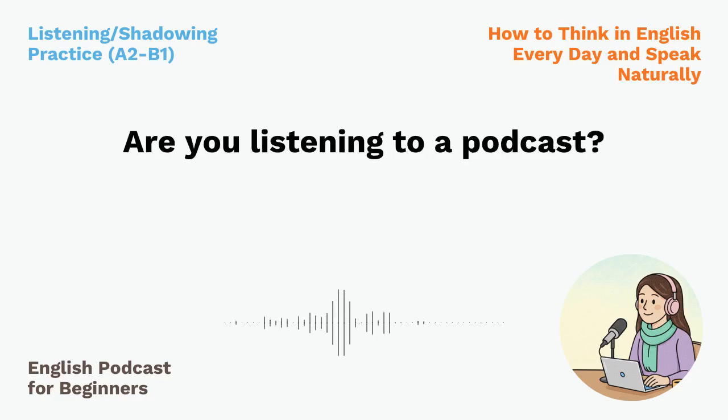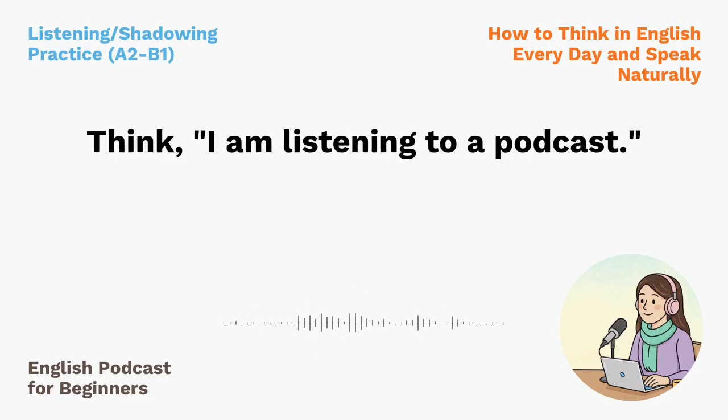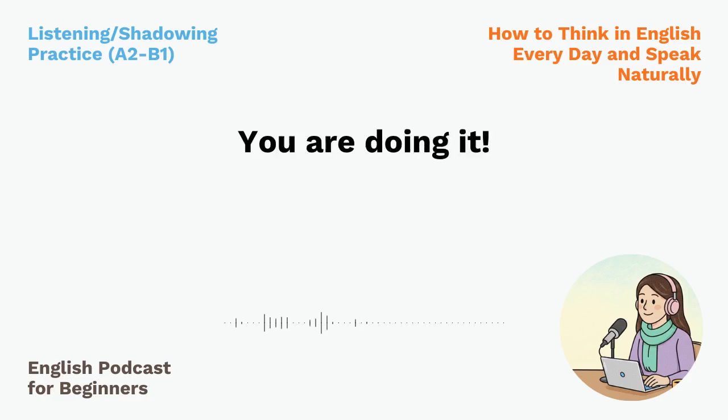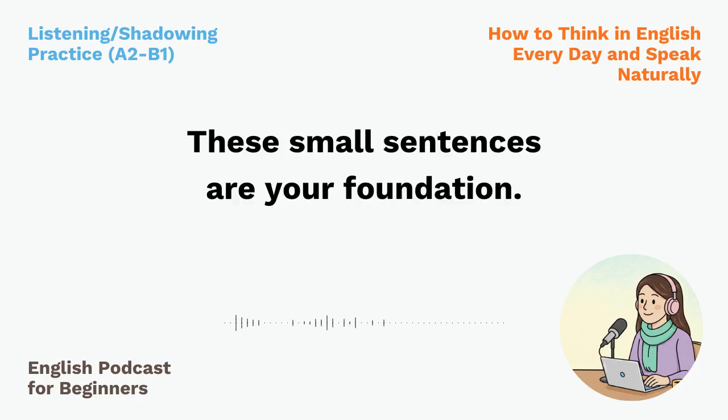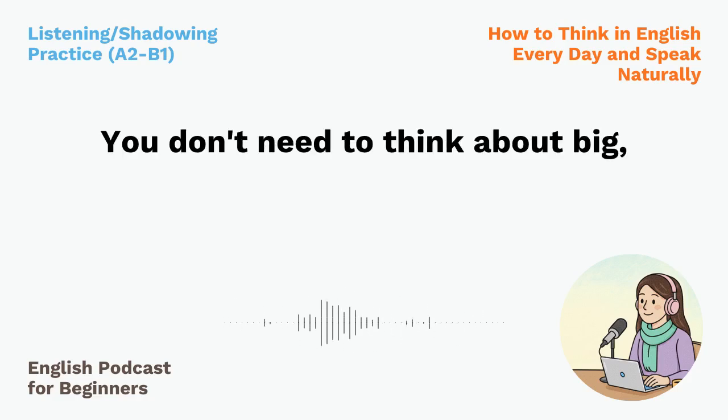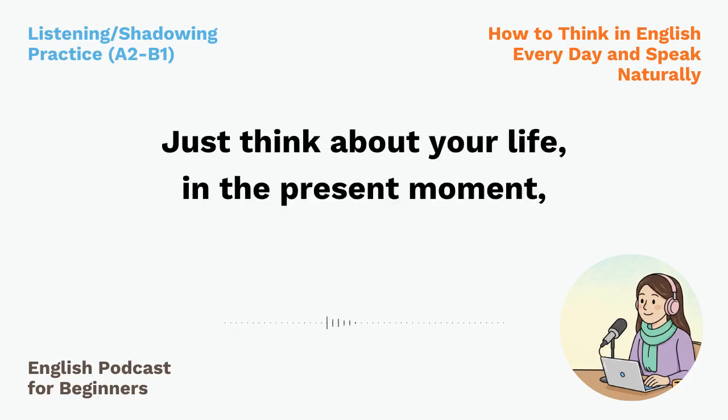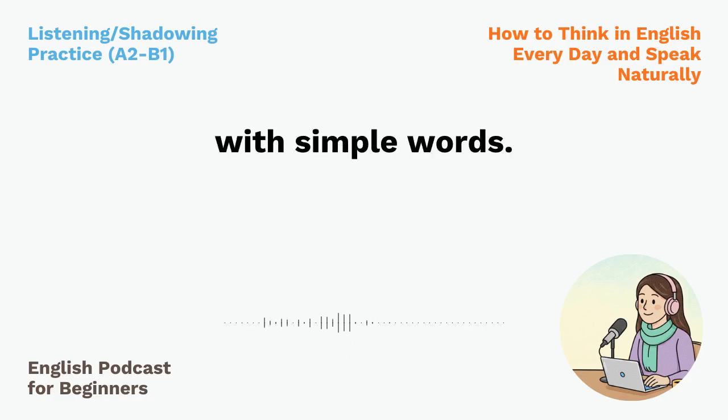Are you listening to a podcast? Think, I am listening to a podcast. Good job, you are doing it. These small sentences are your foundation. You don't need to think about big, complicated ideas. Just think about your life in the present moment with simple words.